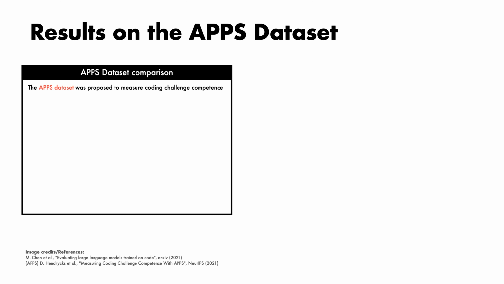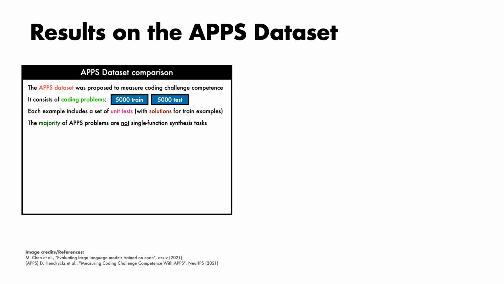The APPS dataset was recently proposed by Hendrycks et al. as a benchmark to measure coding challenge competency for language models. The dataset consists of coding problems with 5,000 training examples and 5,000 test examples. Each example has a set of unit tests, and the training examples also include a set of correct solutions.